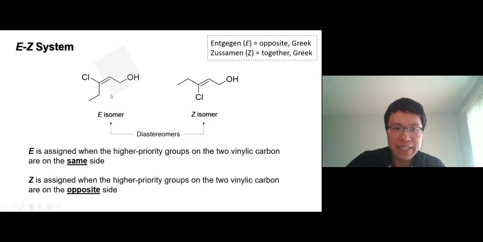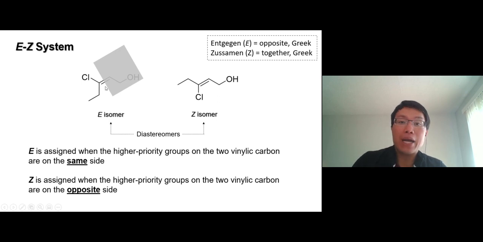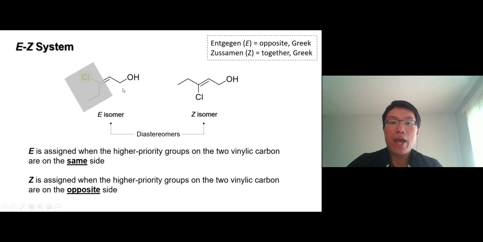In this case, this guy's the E isomer. This is how we determine it. We look at one carbon at a time. On the carbon on the left side, who has higher priority? The same way you assign priority in the R and S system. Chlorine versus carbon, totally chlorine. Look at the other side: carbon versus hydrogen.